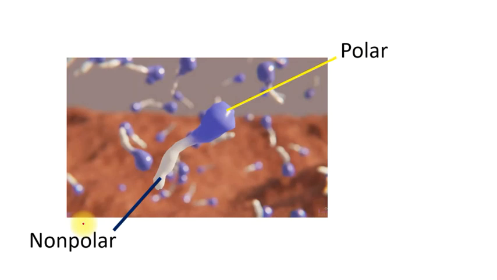Pretty cool. I do want to point out now that in the graphic from the video, the end that is attracted to water is polar, and the end that is not attracted to water is non-polar. And we just talked about in the previous slide how grease is non-polar.